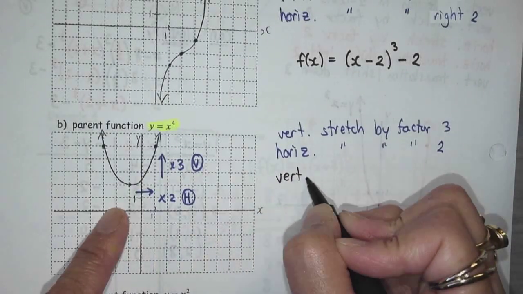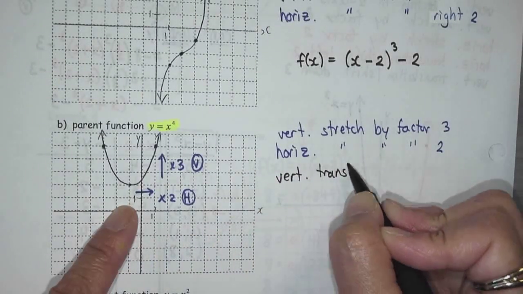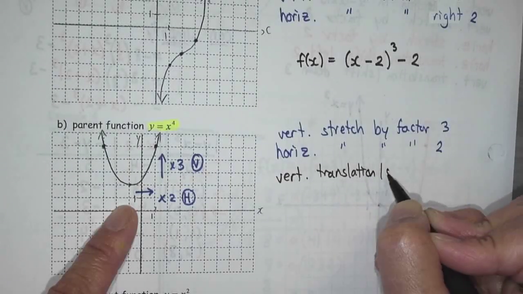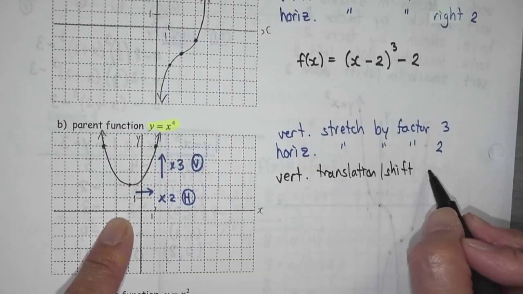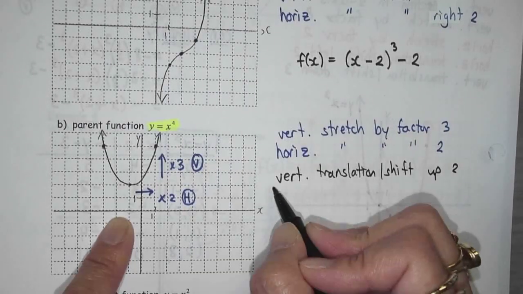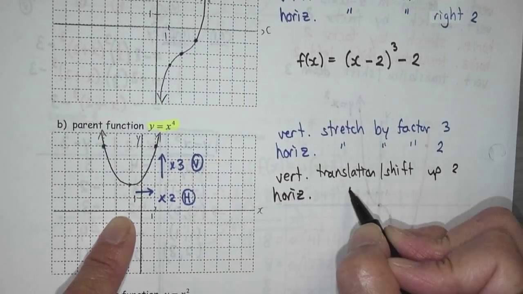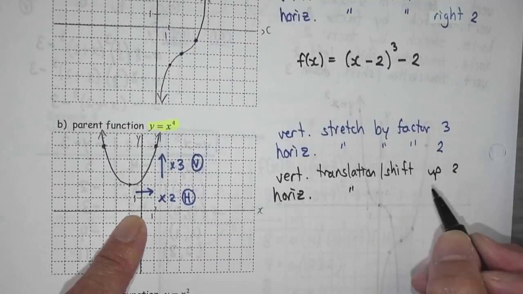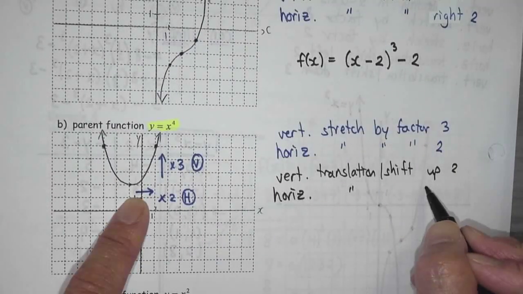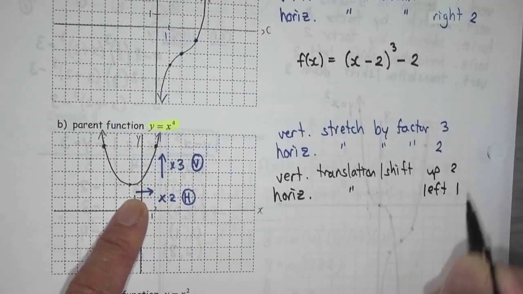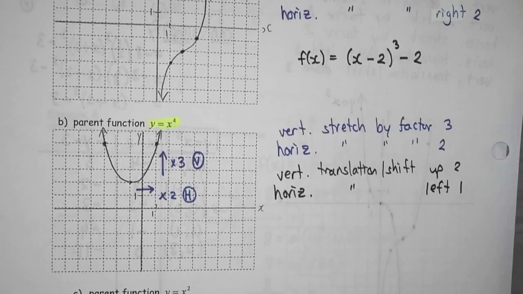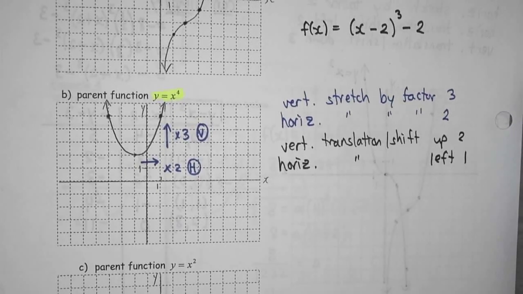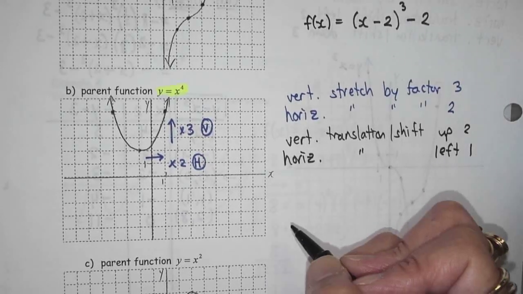So it's going to be a vertical translation or shift, and that's going to be up 2. And it's a horizontal translation or shift, and that'll be left 1. Okay, and no reflection, right? So nothing's been upside down or anything like that. So no reflection.